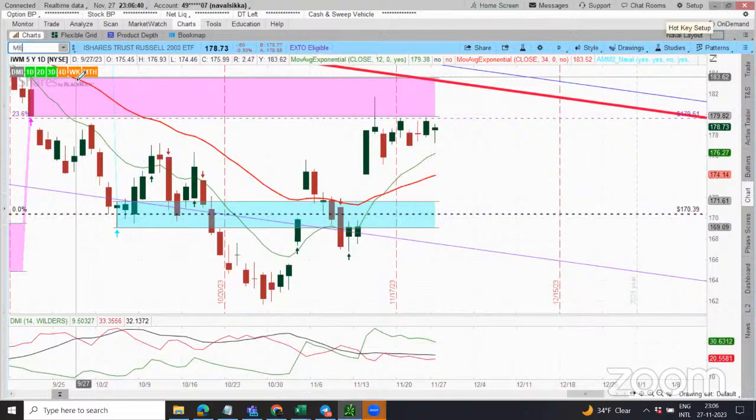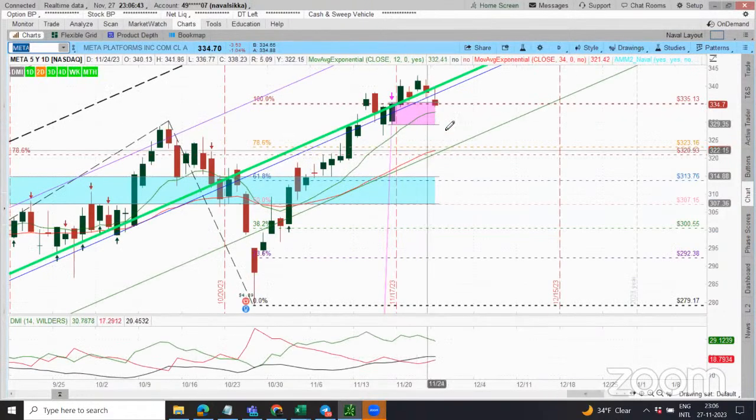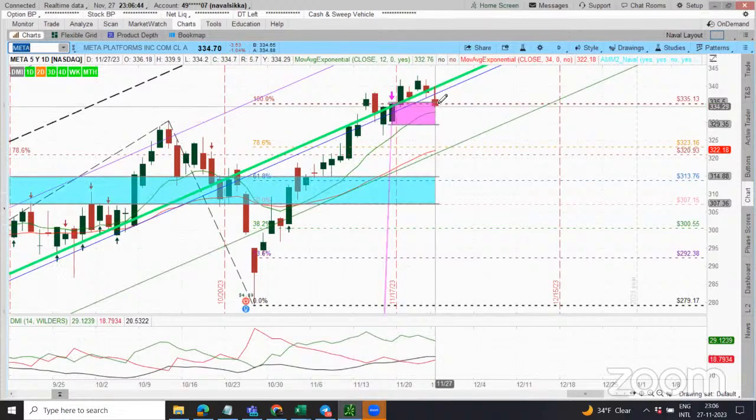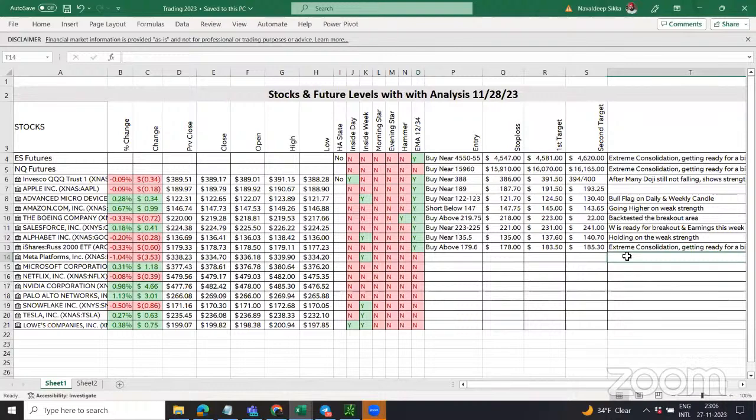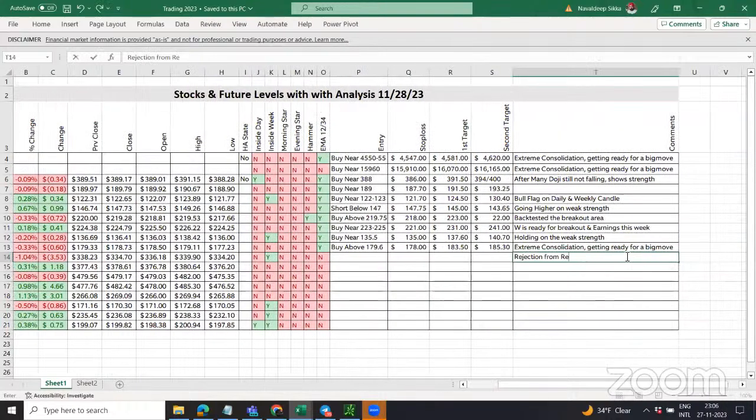Meta. Meta is weak. It got the rejection from the regression line. I'll check, Saurabh, I have not reached there.